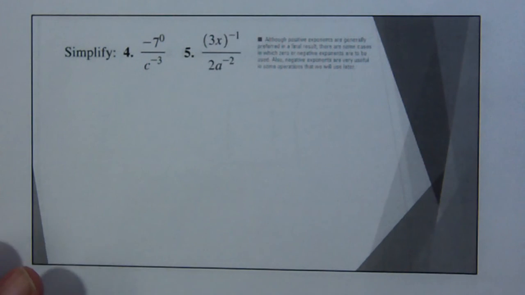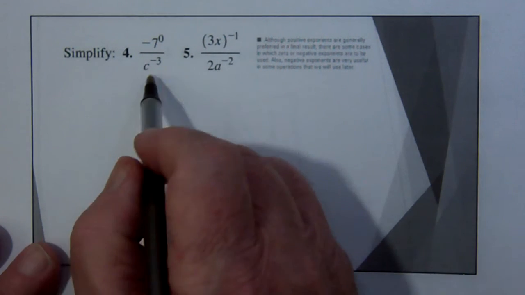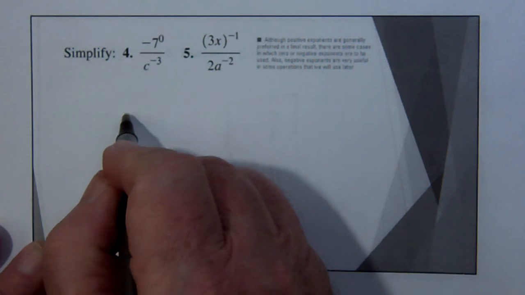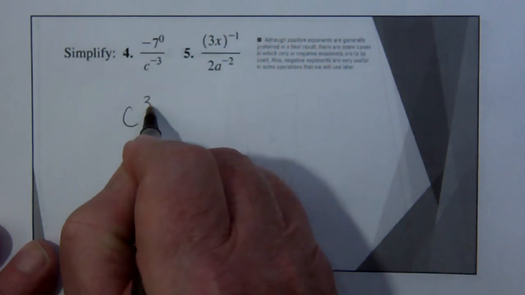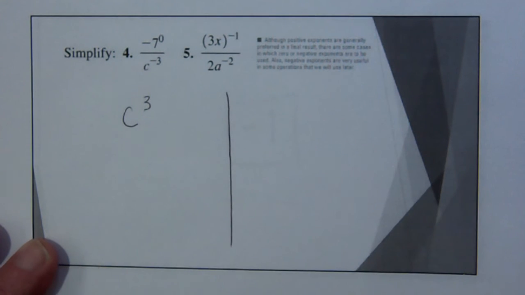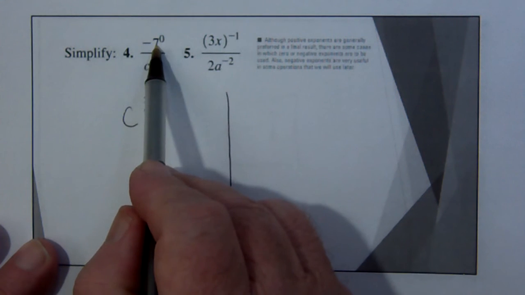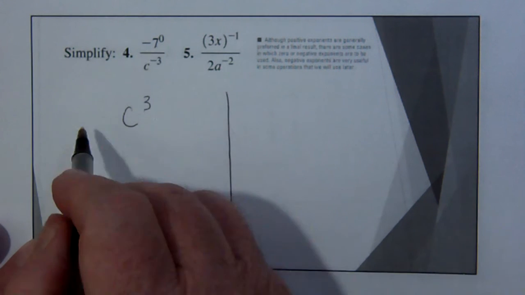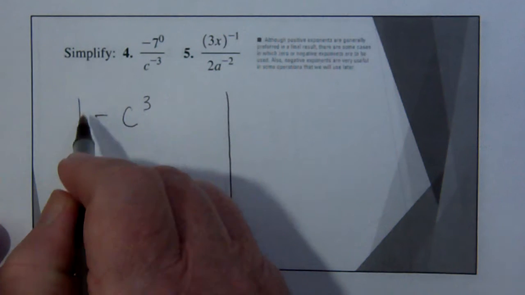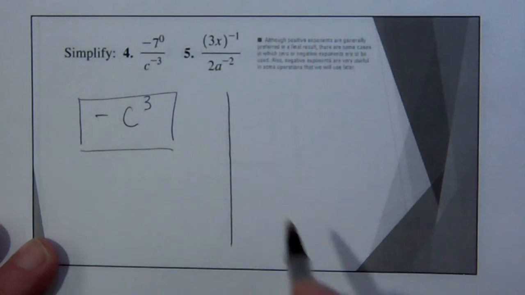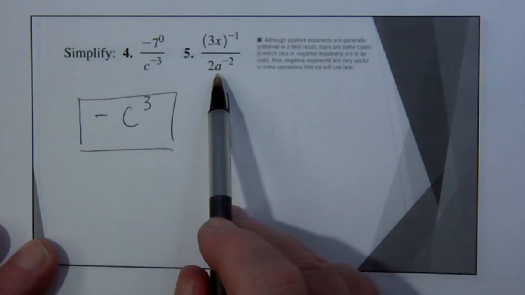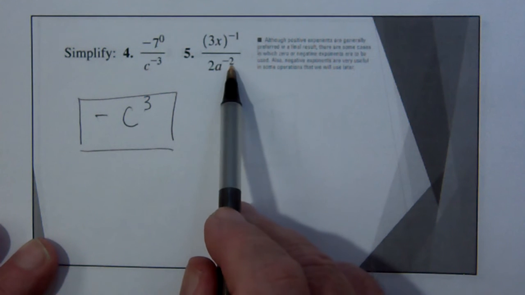These next examples are a little more involved. C to the minus 3 in the denominator becomes c cubed in the numerator, and just as before, if 0 is the exponent, 7 is the base, and so that becomes minus 1, and the answer to that is minus c cubed. Now in this next example, the a to the minus 2 is in the denominator.